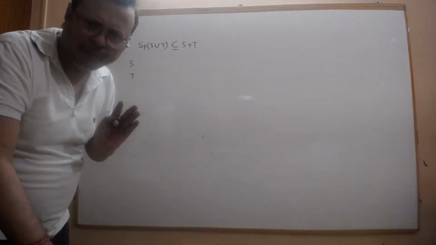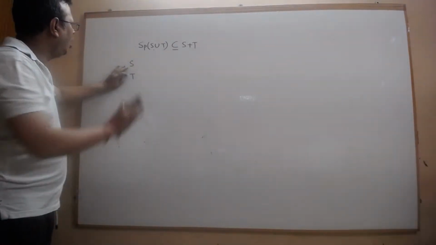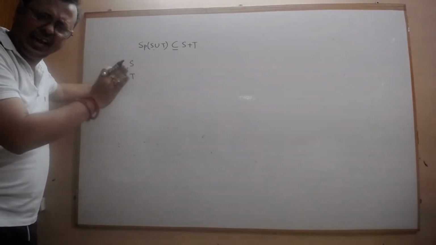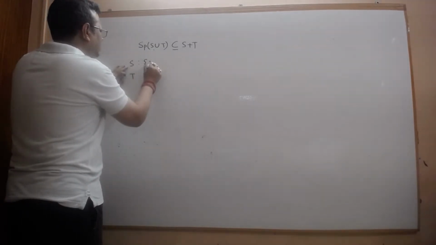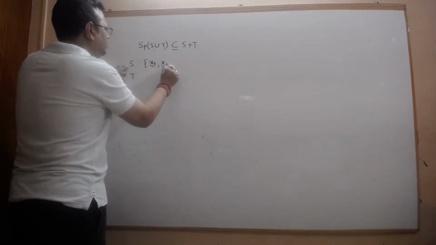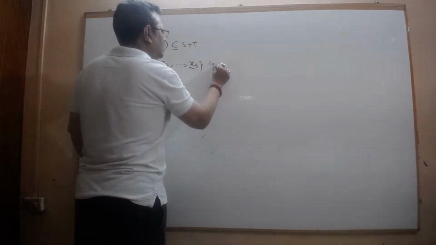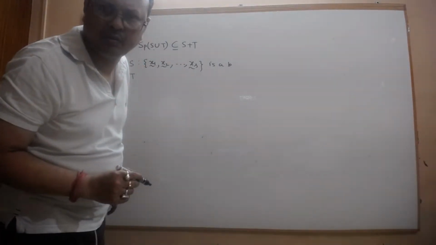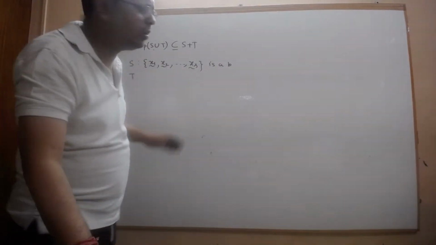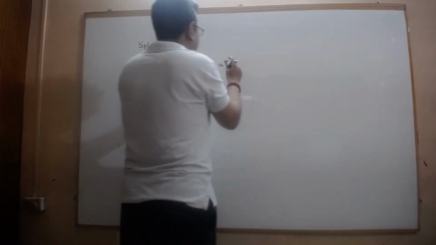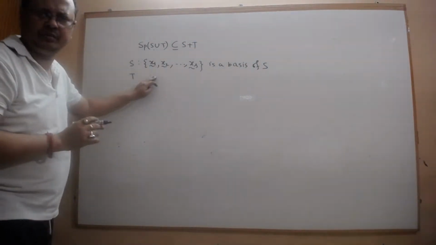Swarnava, are you hearing me? So S is a subspace of V. It has a basis, and we assume that x1 curl, x2 curl, up to xs curl is a basis of S. Clear?